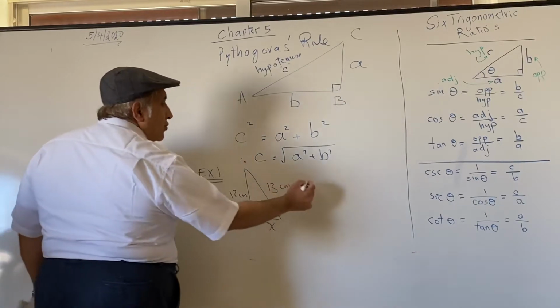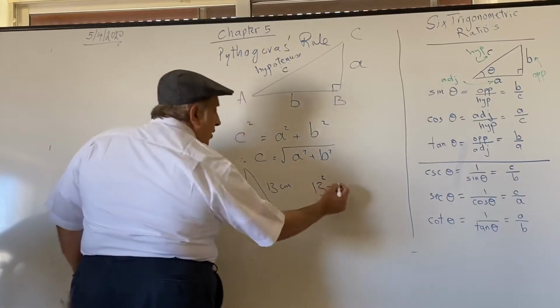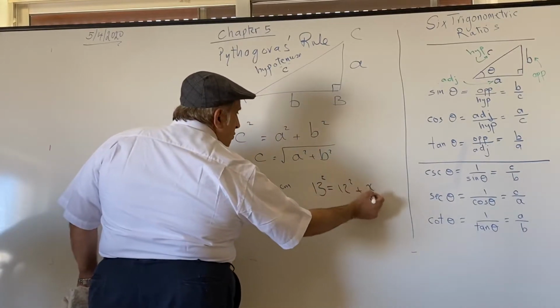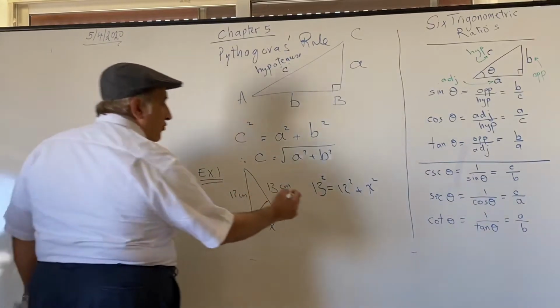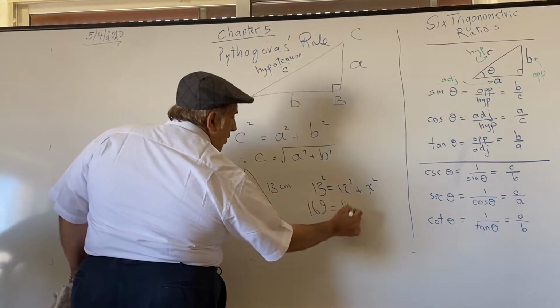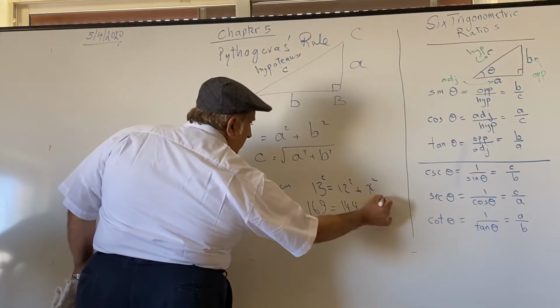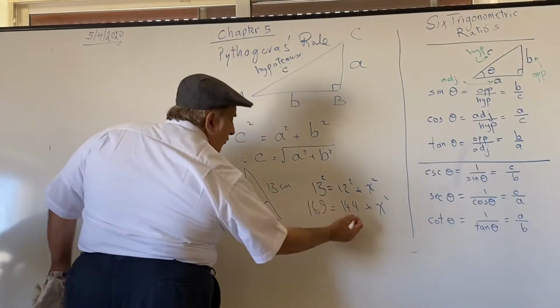All right? So we will say 13 squared equals 12 squared plus X squared. If you simplify, use your calculator, 169 equals 144 plus X squared. If I'm looking for X squared, bring the 144 over here.